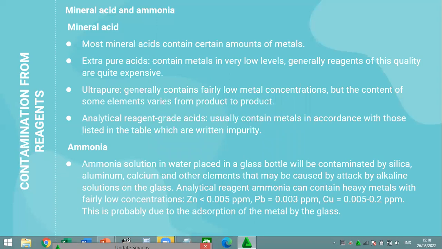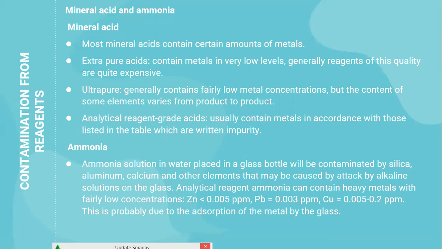And then analytical reagent grade acid usually contains metals in accordance with those listed in the table, within impurity. The second is ammonia. Ammonia solution in water placed in a glass bottle will be contaminated by silica, aluminum, calcium, and other elements that may be caused by attack by alkaline solution on the glass.